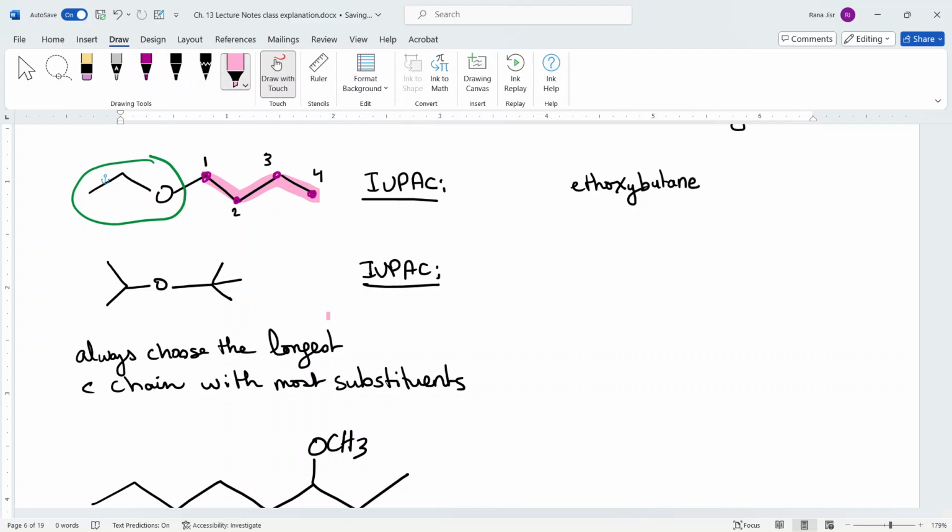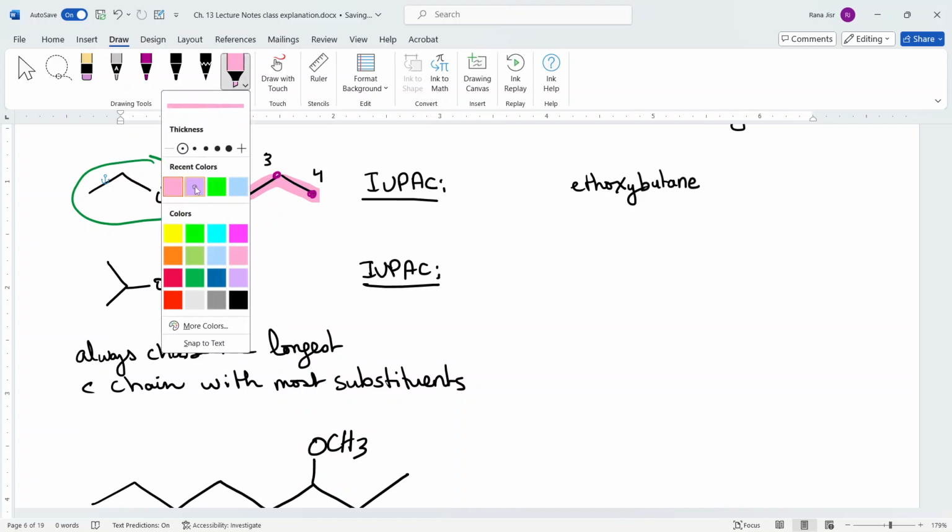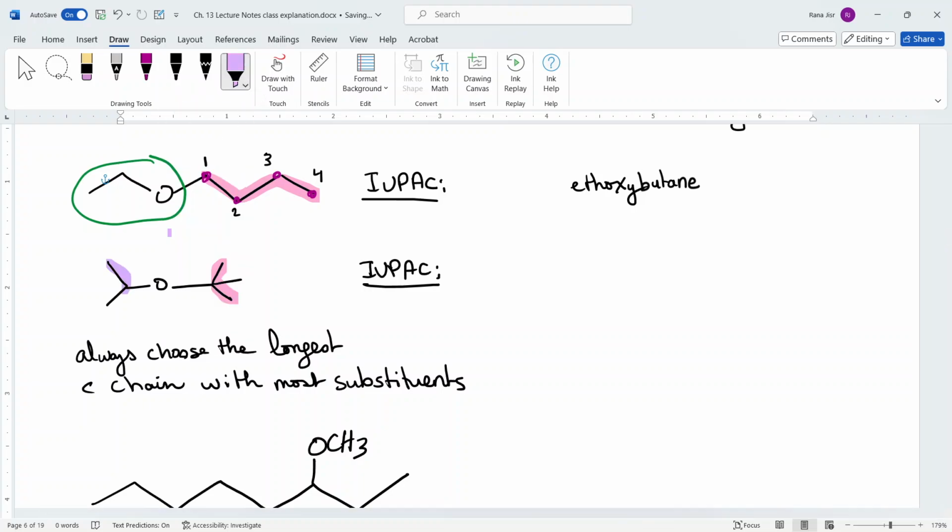For this structure, again, we're going to choose the longest carbon chain, and always choose the longest carbon chain with the most substituents. I have here a 3-carbon chain, and I also have here a 3-carbon chain. But if I choose the 3-carbon chain here, I'm going to end up having one big substituent.